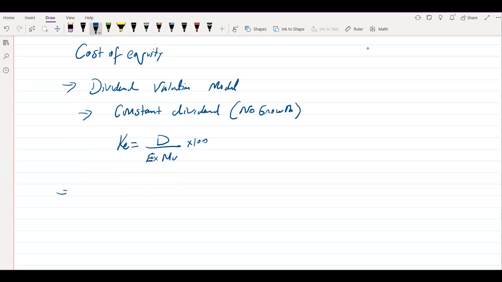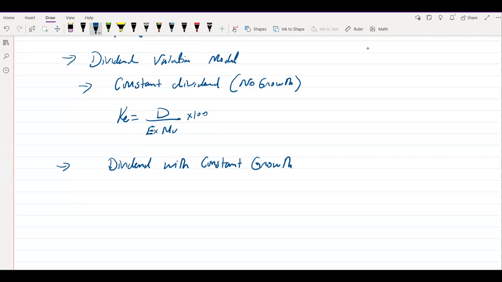And in case growth is given, dividend with constant growth, then the formula is Ke is equal to D0 into (1 plus g) divided by ex-market value, plus g.